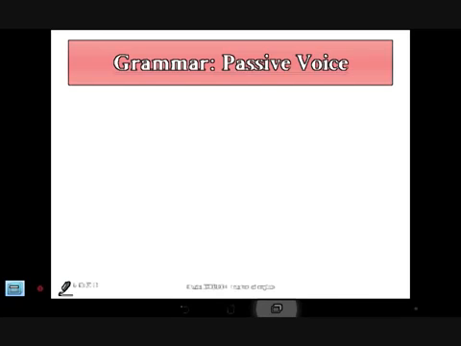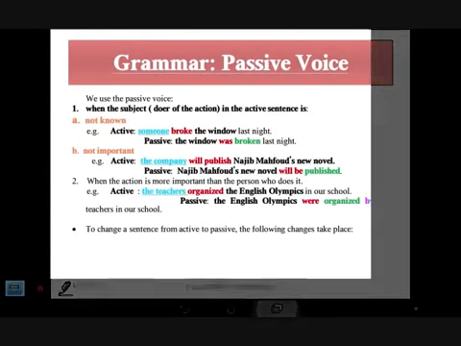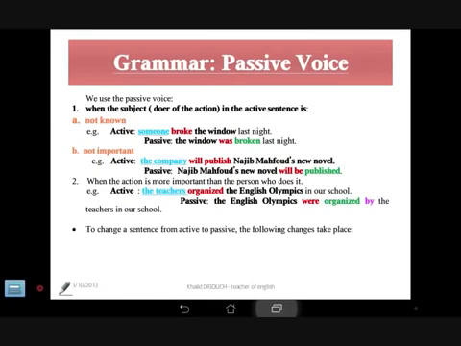Now, when do we use the passive voice? We use the passive voice 1. When the subject, the doer of the action, in the active sentence is not known. Example: someone broke the window last night.